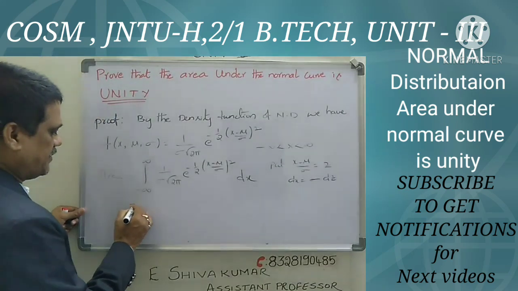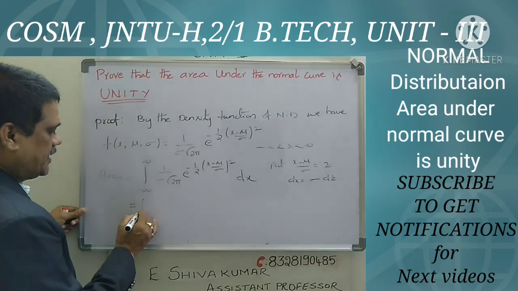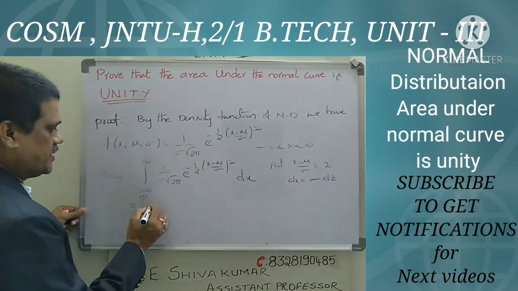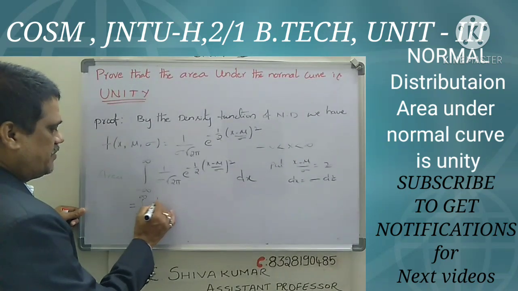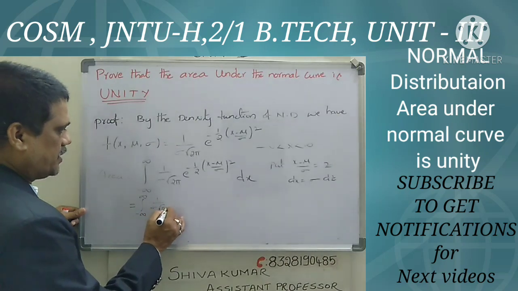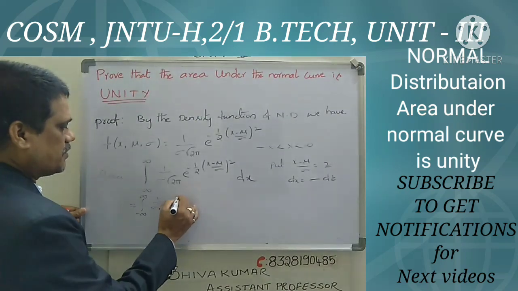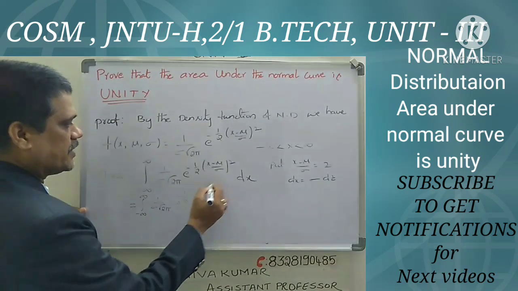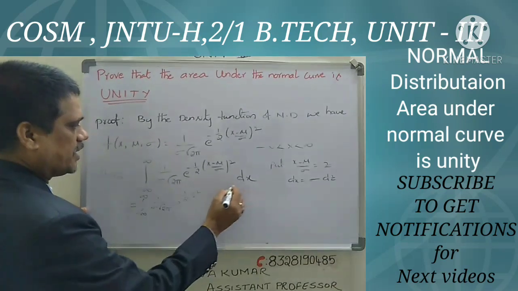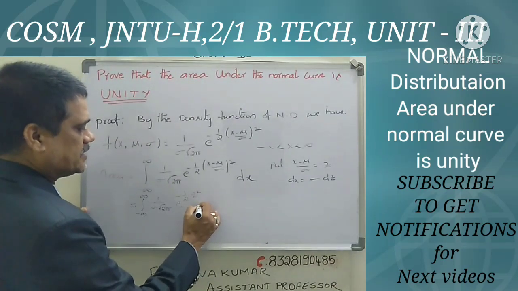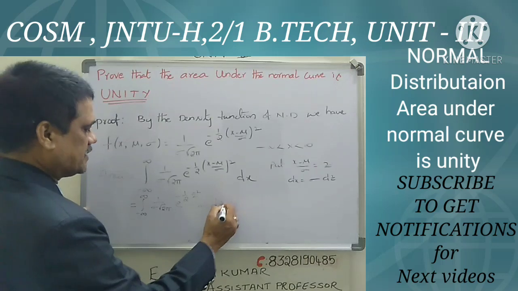This is equal to integral minus infinity to infinity of 1 by sigma into root 2 pi into e power minus 1 by 2 times of z square into, in place of dx, I can write sigma into dz.